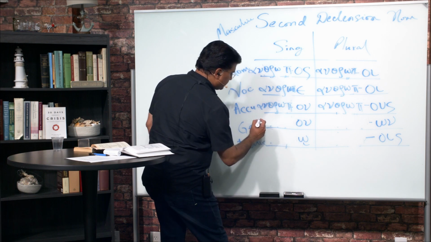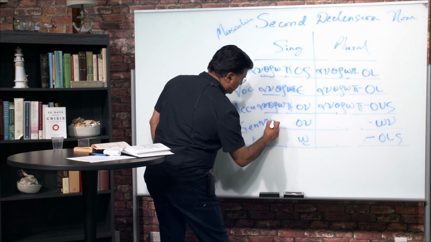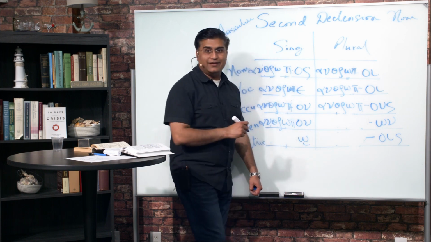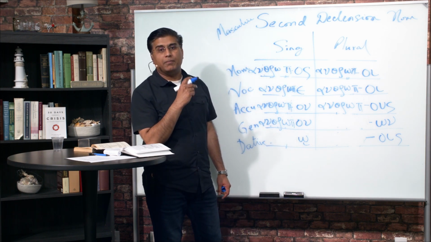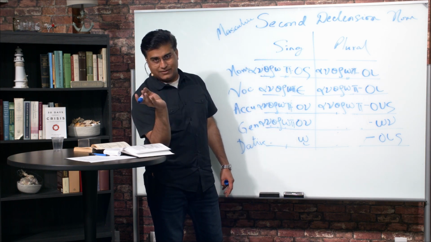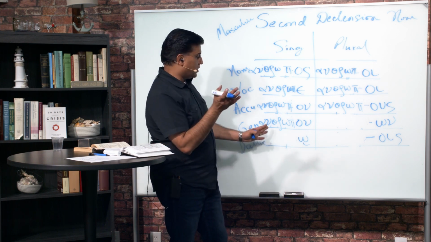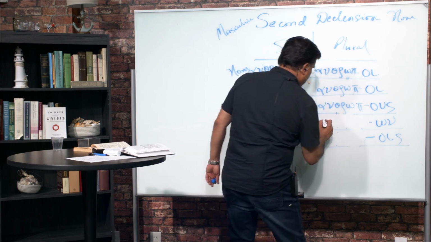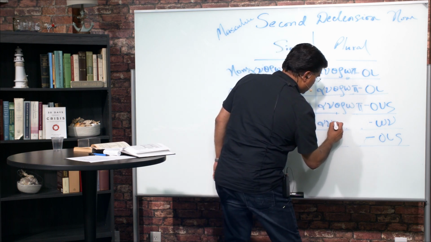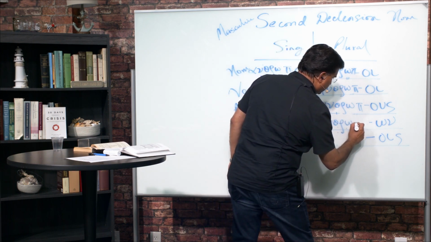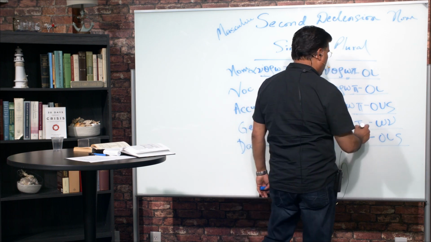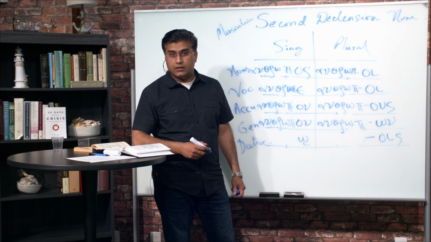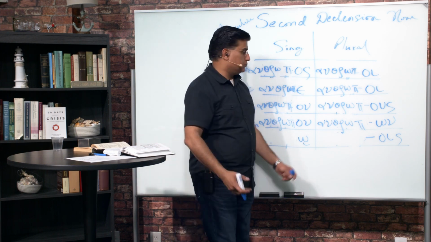Now, genitive, anthropou, what would that be? Of men, or men's, or man. So of man, or man's something. Anthropon, of men, plural, of men.